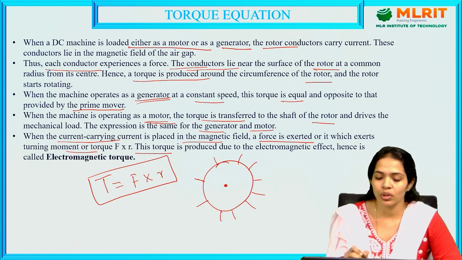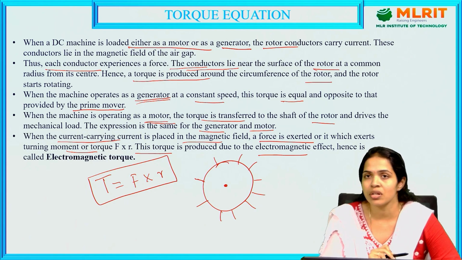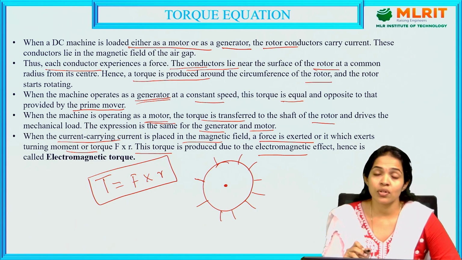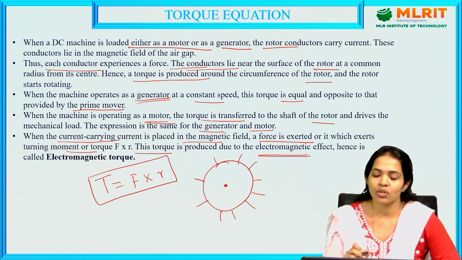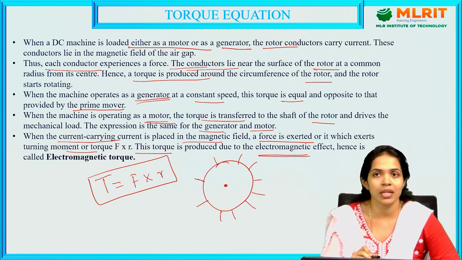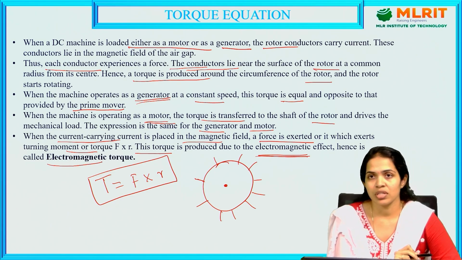Electromagnetic induction is when the conductors rotate in the presence of a stationary magnetic field, and an EMF is induced in the conductors. This is called the electromagnetic effect, which we have been studying from the start of our course. Very important: based on this effect, this turning or twisting moment exerted on the generator or rotor can also be called electromagnetic torque.